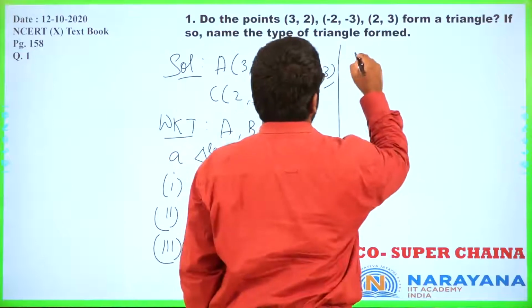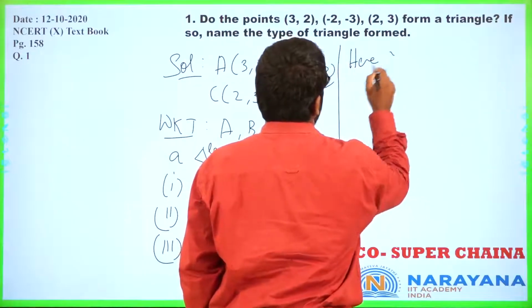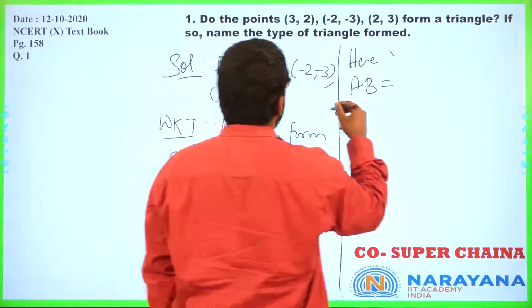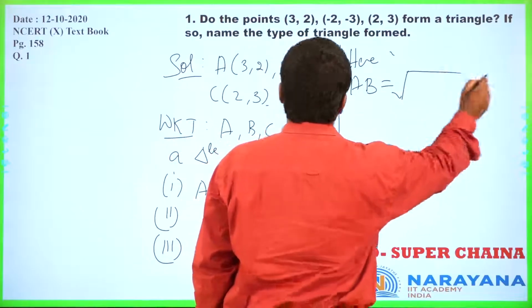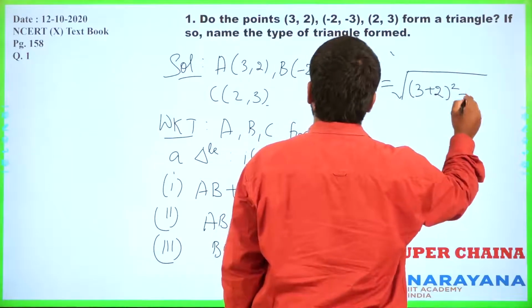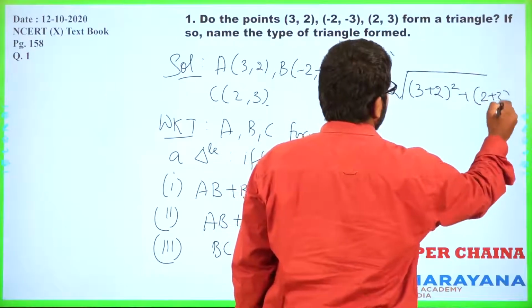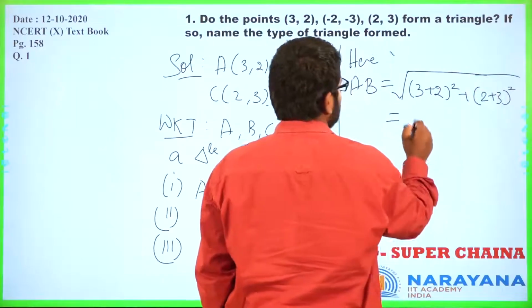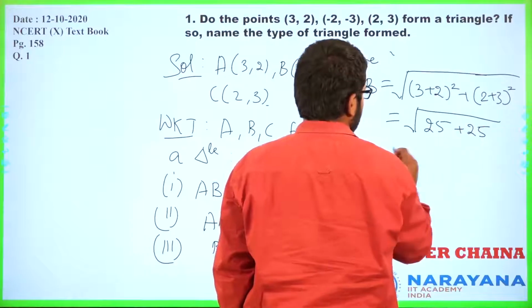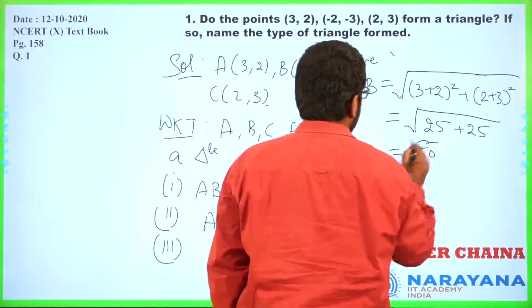So here AB is under root of 3 plus 2 the whole square plus 2 plus 3 the whole square, which is under root 5 square, 25 plus 25, which is root 50.